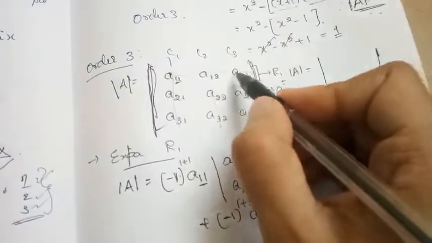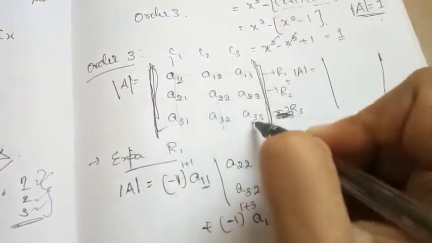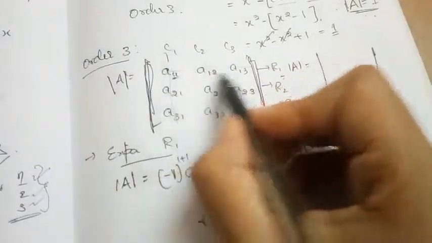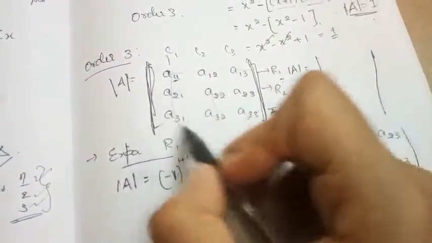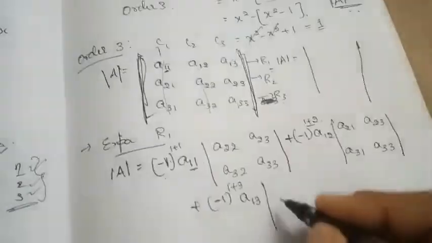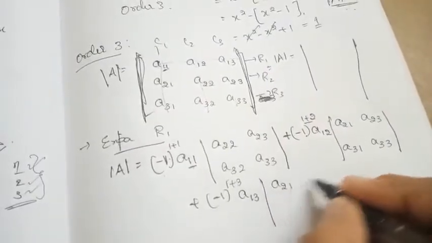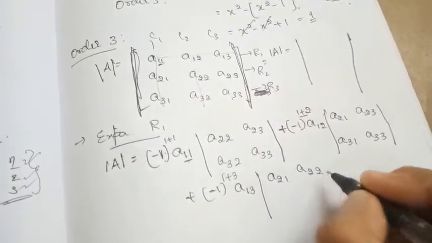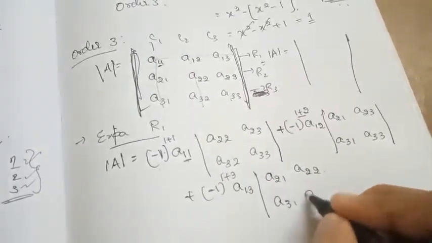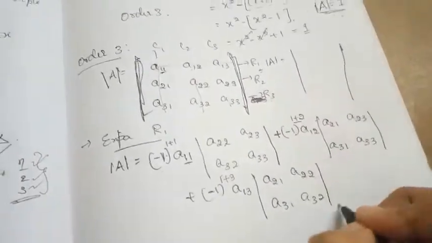After that I am deleting the row containing that element and the column containing that element. After deleting this row and this column, I am going to get the 4 elements, and I take the determinant value of those 4 elements, that is A21, A22, A31, A32.